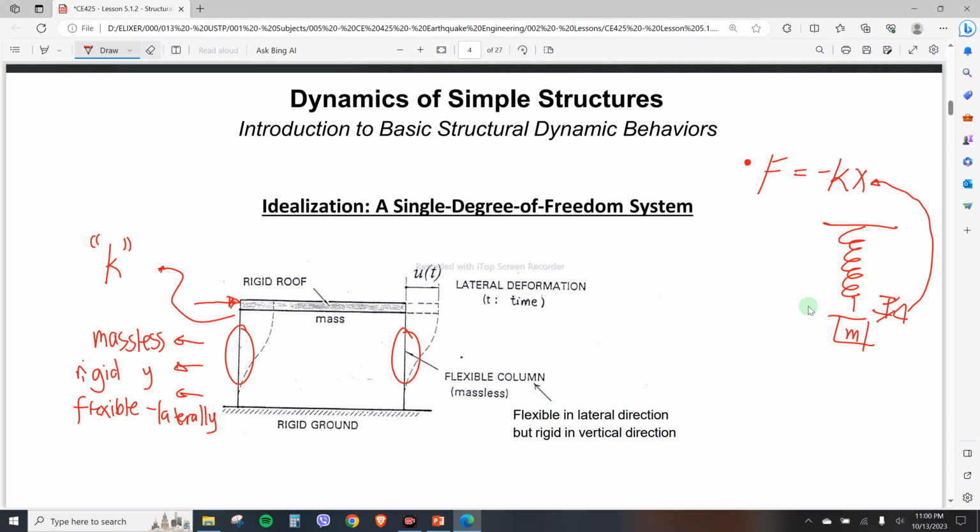Also here, the consideration for the structure is that the columns are flexible in the lateral direction, but have a lateral stiffness K. So it has a restoring effect. And then here we have a lateral deformation symbolized by u of t, or as a function of t.